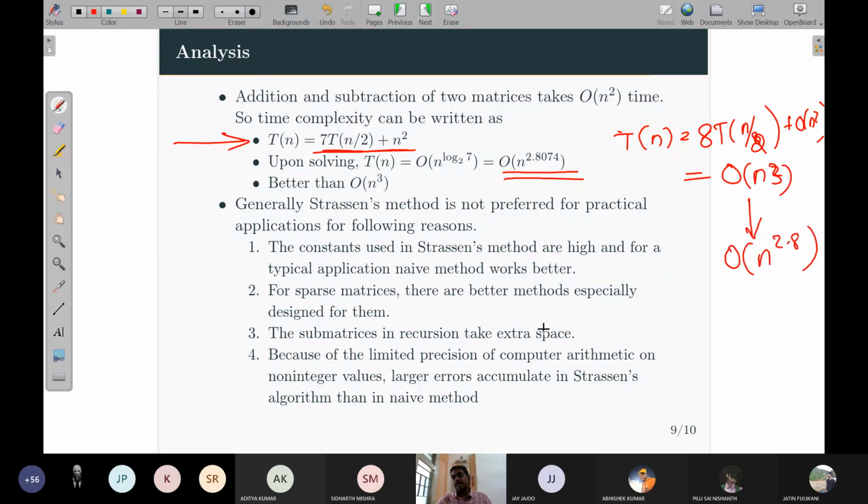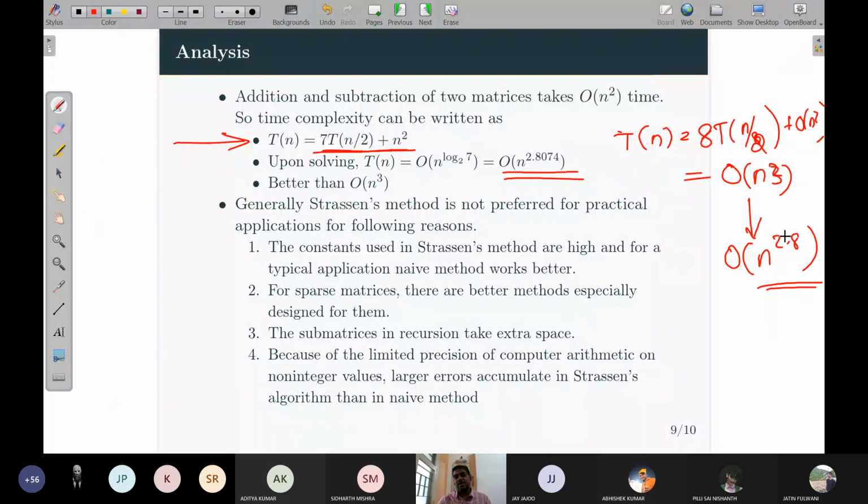Which is better? N power 2.8 is better. That is why Strassen's method has slightly improved things.